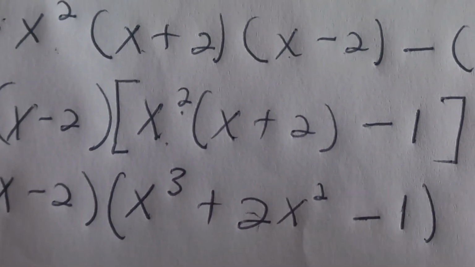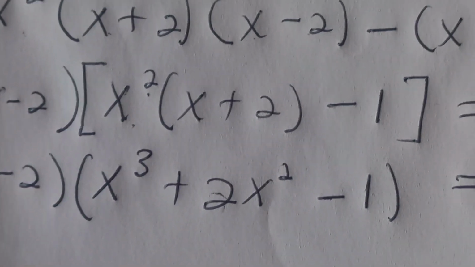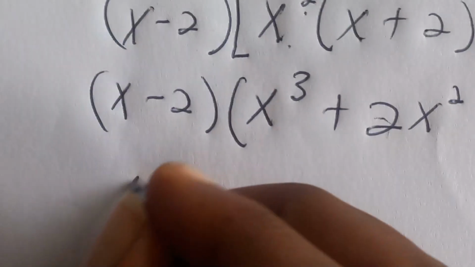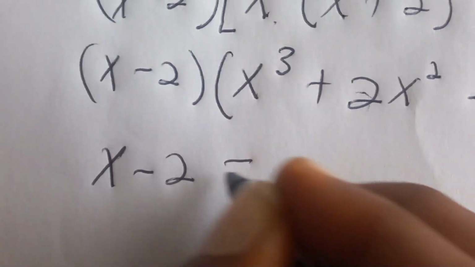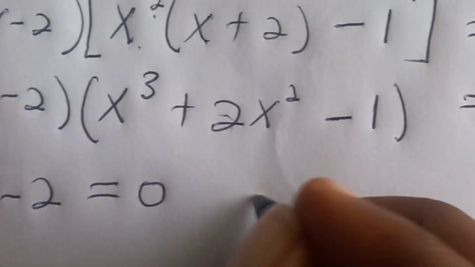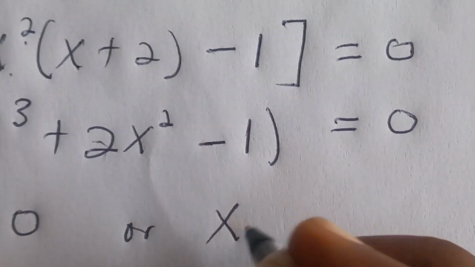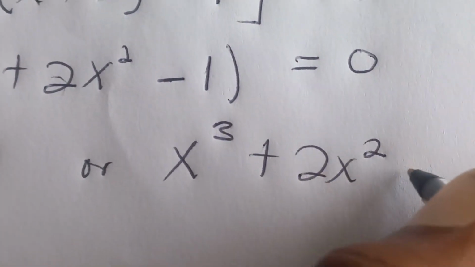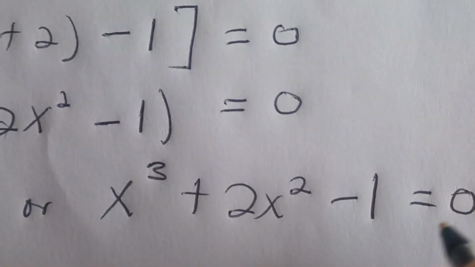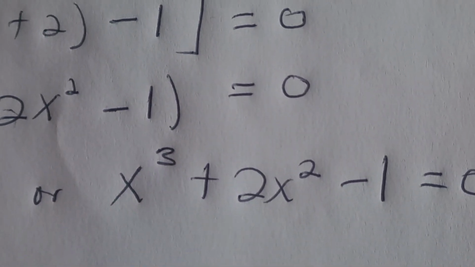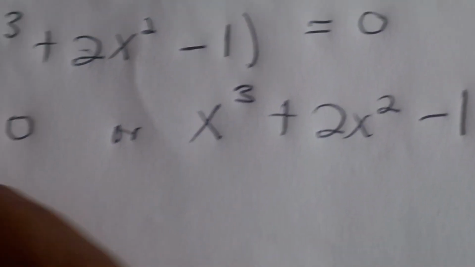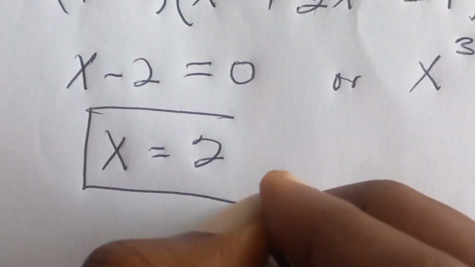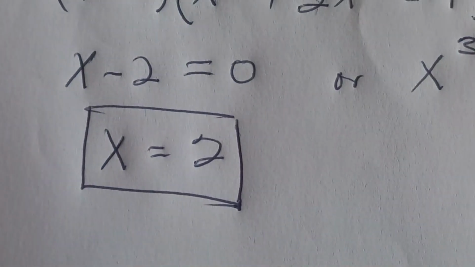So from here, setting each factor to zero, we get x − 2 = 0, or x³ + 2x² − 1 = 0. So from here, we have x = 2 as one solution for x.